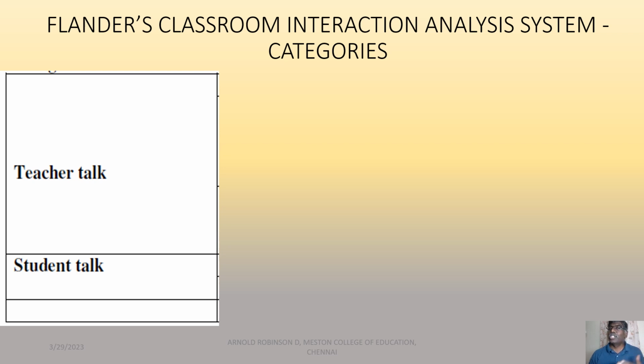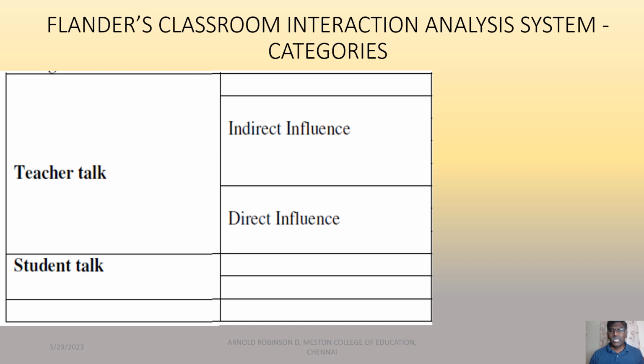Here the teacher talk is divided into two major parts: one is direct influence and another one is indirect influence. The teacher influences indirectly inside the classroom, and in the same way, he or she influences directly. Let us see the further division.